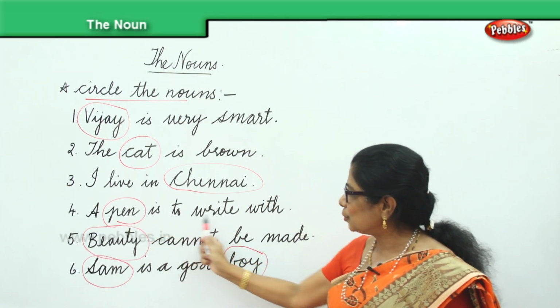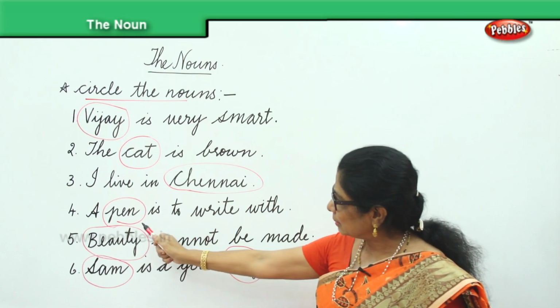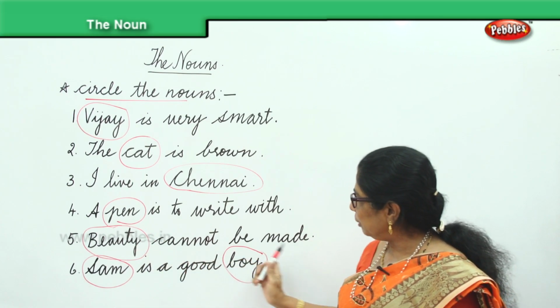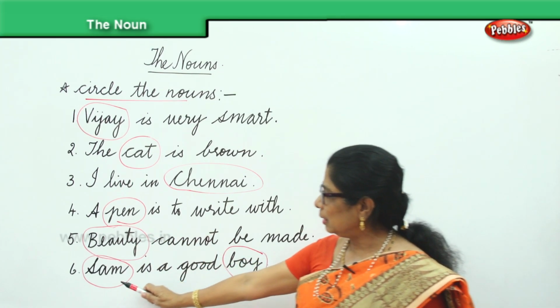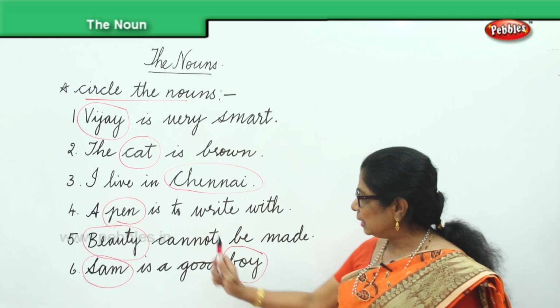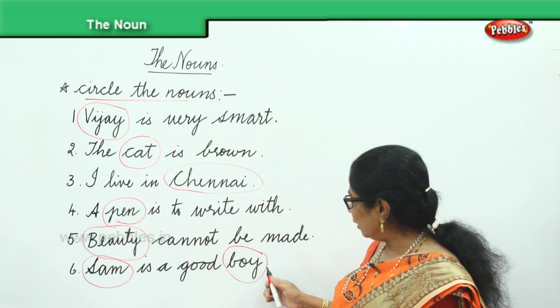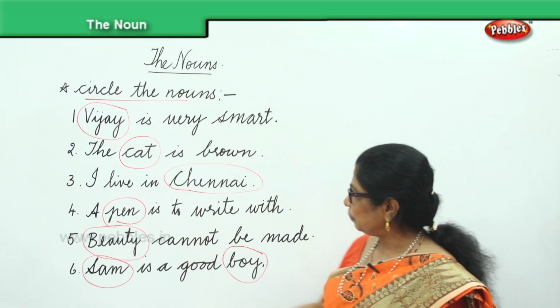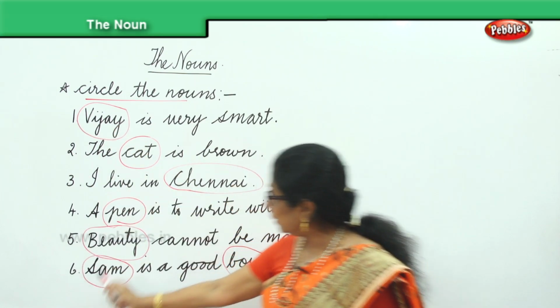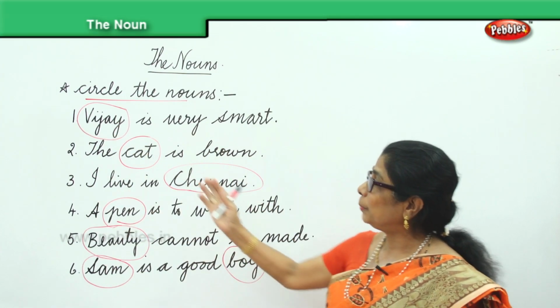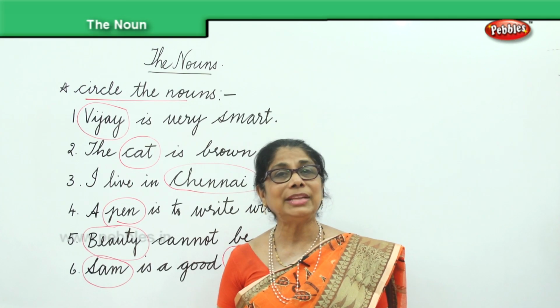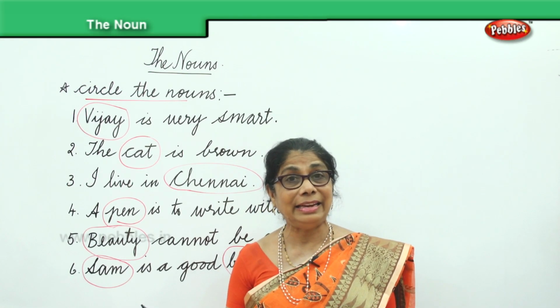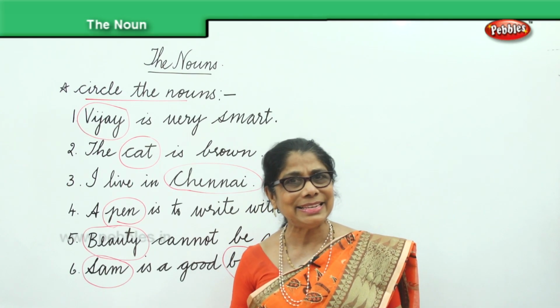A pen is to write with. Pen is a noun. Beauty cannot be made. Beauty is a noun here. Sam is a good boy. Sam and boy are nouns. Now, what we remembered is, begin the sentence with a capital letter, end with a full stop, circle out the noun that you can recognize and identify. Isn't it easy? Yes.